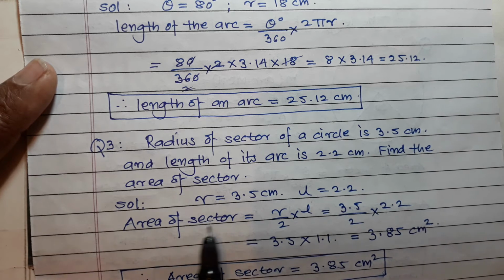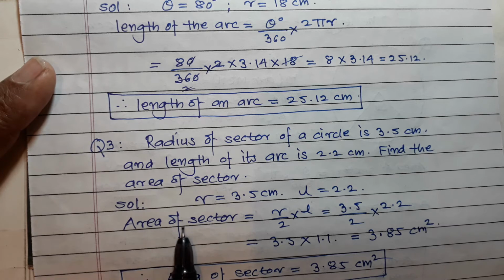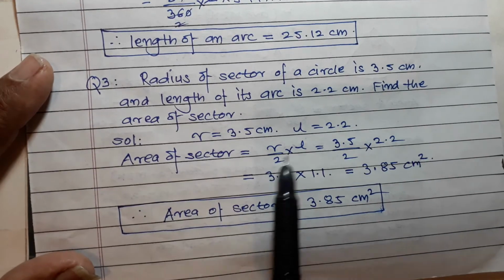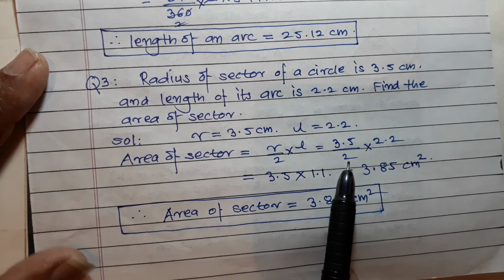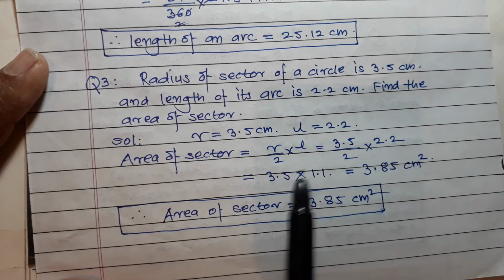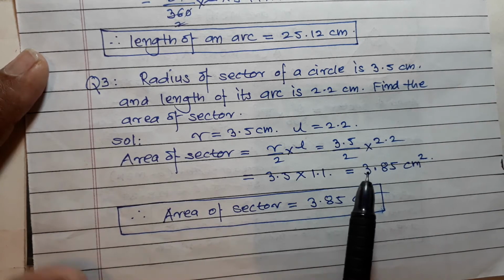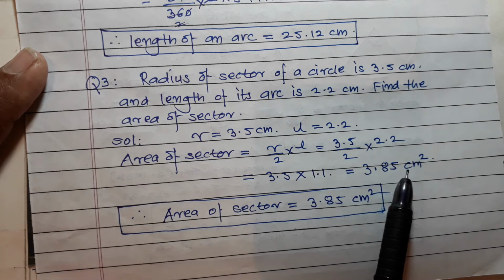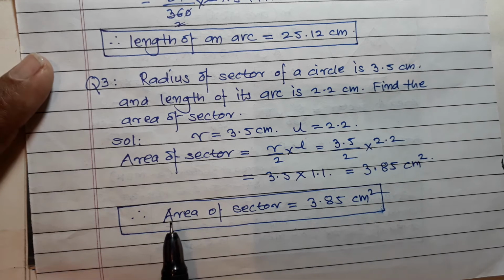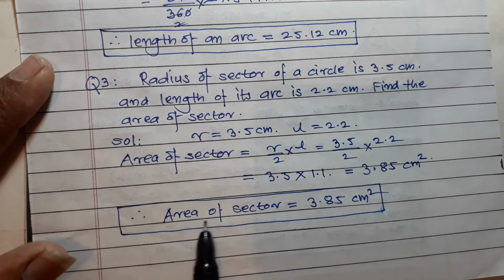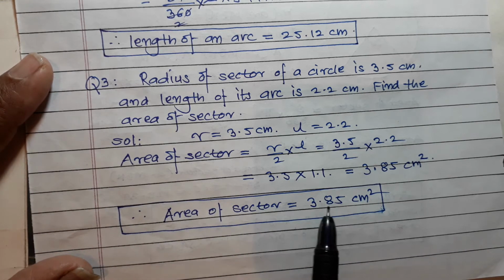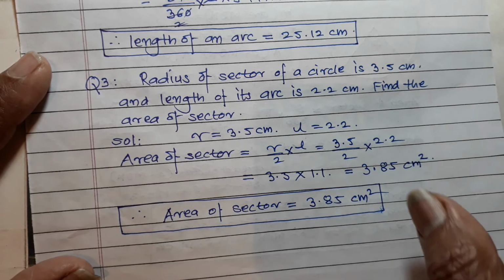So here you use another formula to find the area of sector. So area of sector is equal to r into l upon 2, is equal to 3.5 upon 2 into 2.2. Simplify this, you will get 3.85 cm square. And therefore area of sector is equal to 3.85 cm square.